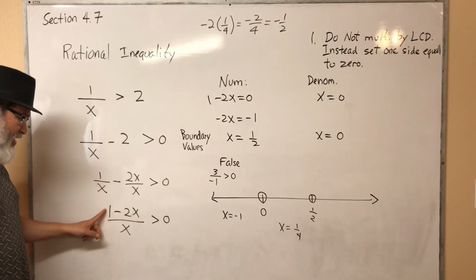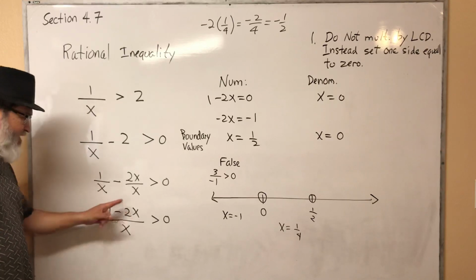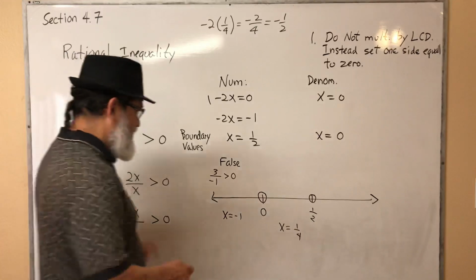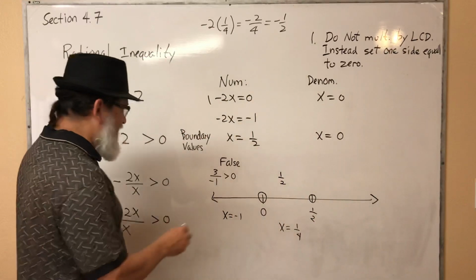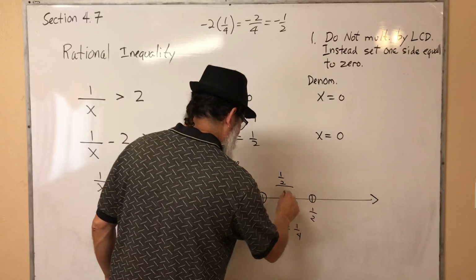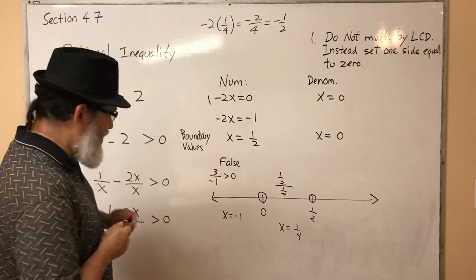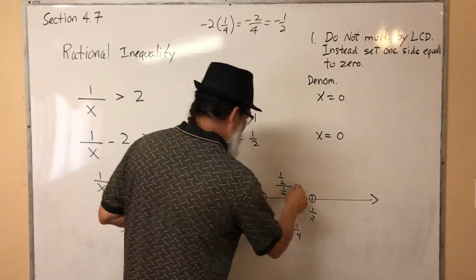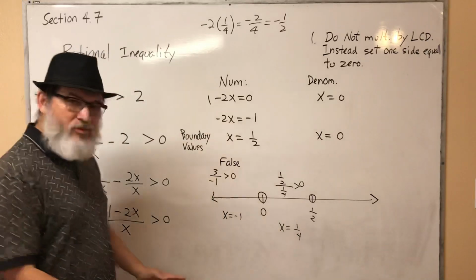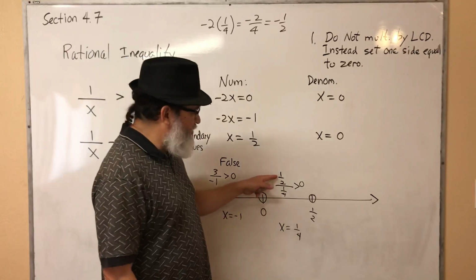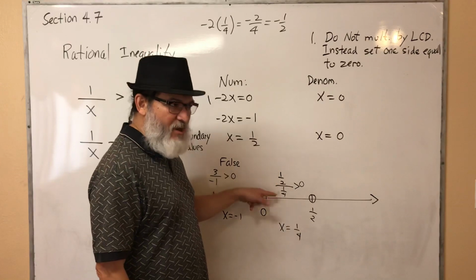So this is 1 minus half. And what's 1 minus half? Half. Divided by 1/4. Listen, guys, and this says greater than 0. Is that true or false? It's true, because that's a positive half divided by a positive 1/4. What's a positive divided by a positive?